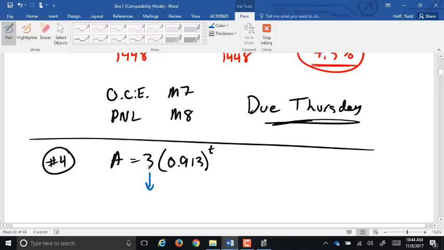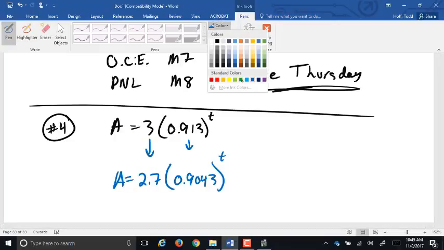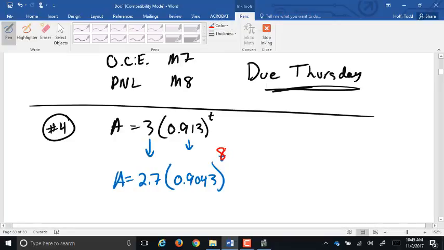They want us to make this 10% less, which is the 2.7, and make this 10% more, which is the 0.9043. And then find the value in 2040. So that means make t equal 8 and figure it out. So it's going to be much less.